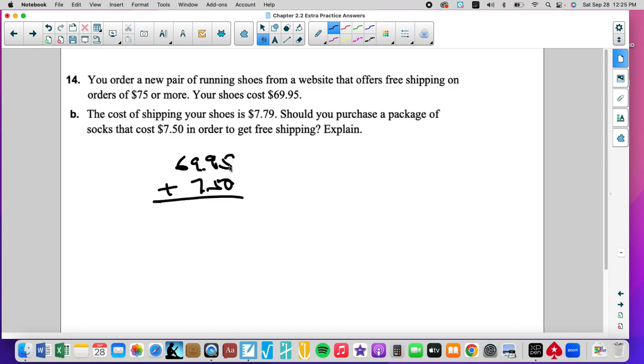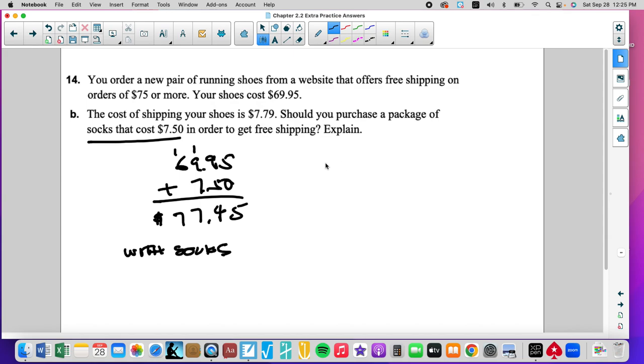So if I add socks to it, that's 5, that's 4, carry the 1, that's 7, carry the 1. That's going to cost me $77.45, but I don't have to. That's with socks. This is with socks. So with socks, I get shoes and socks for $77.45.